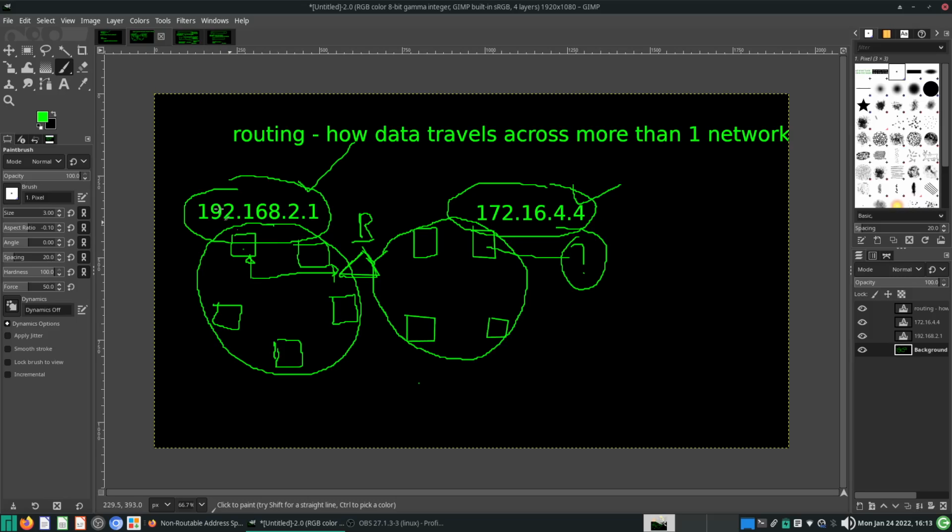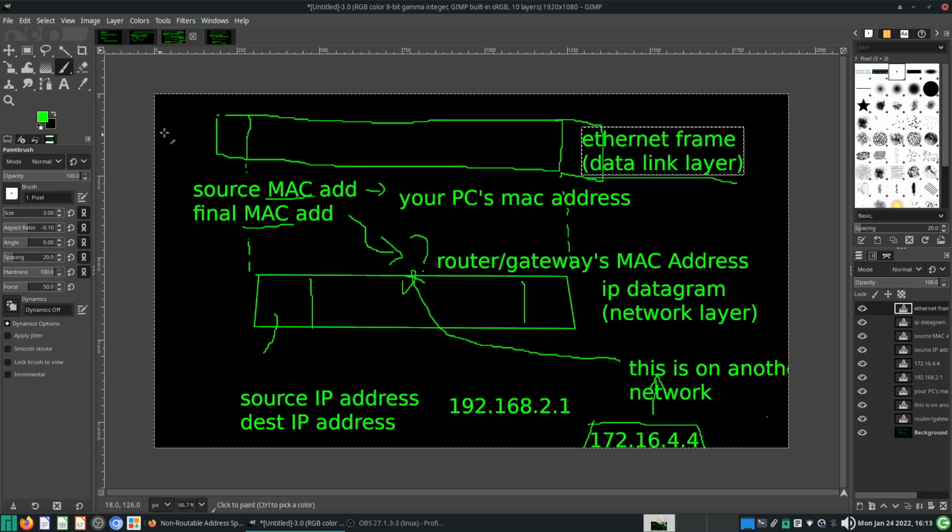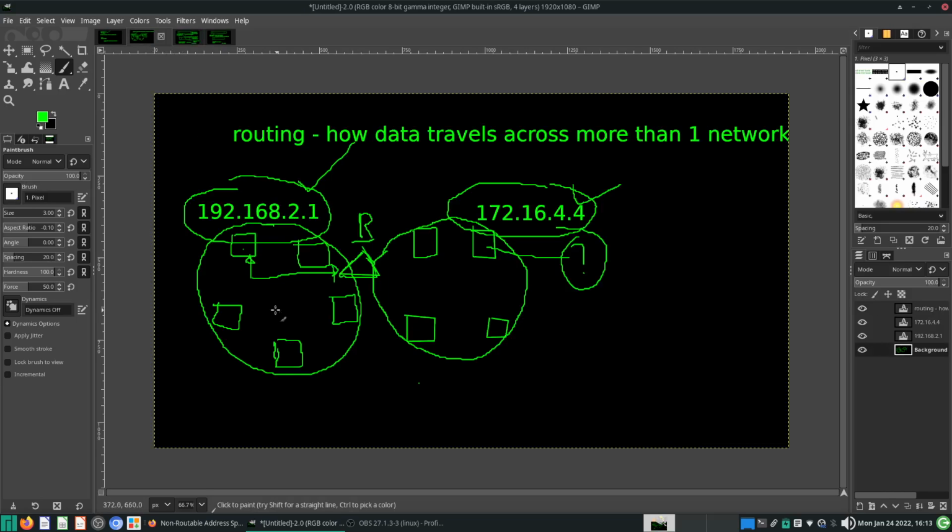I simplified a lot of things, and I explained how this data packet goes from this IP address to the router, which is probably at another IP address, and the router sends the data to the destination computer. So that's how the connection is done.